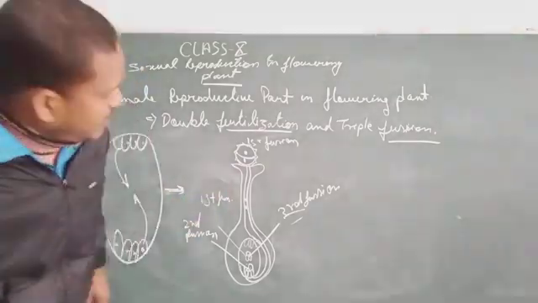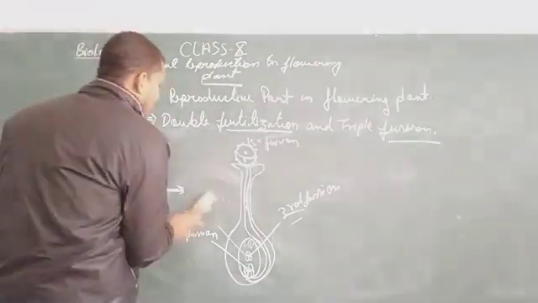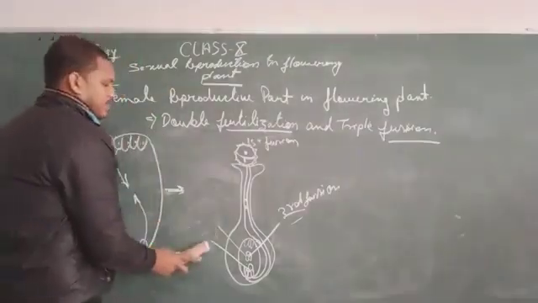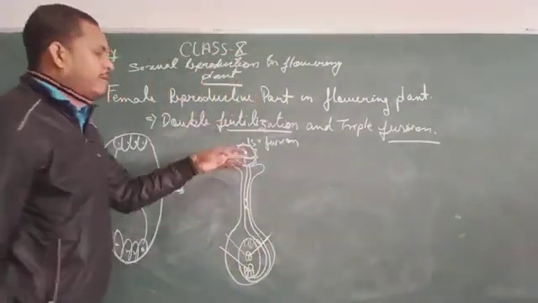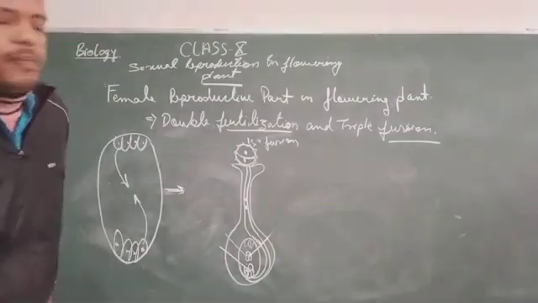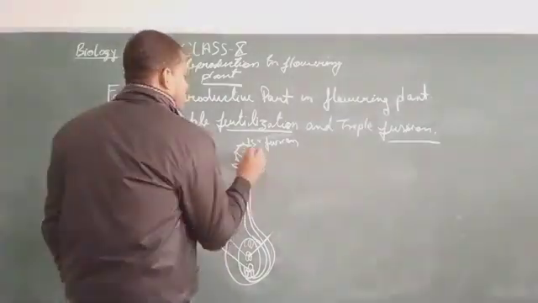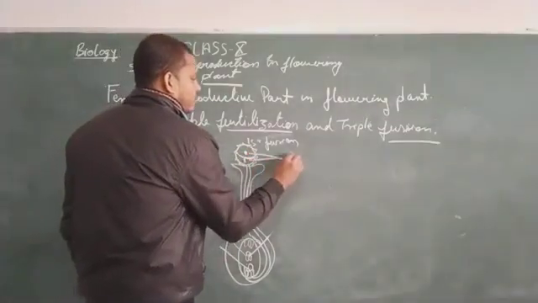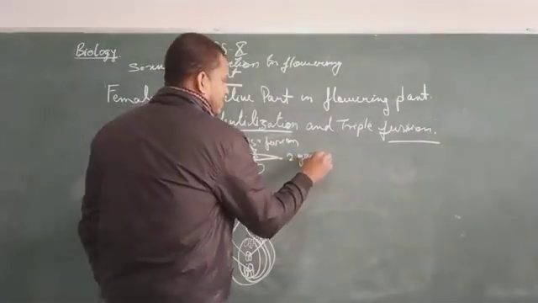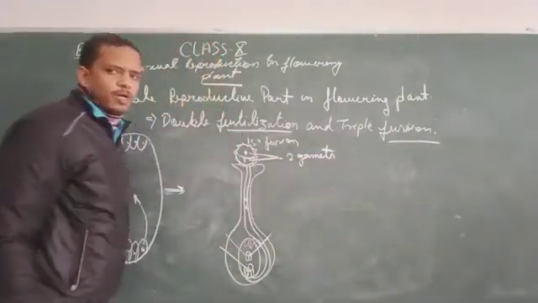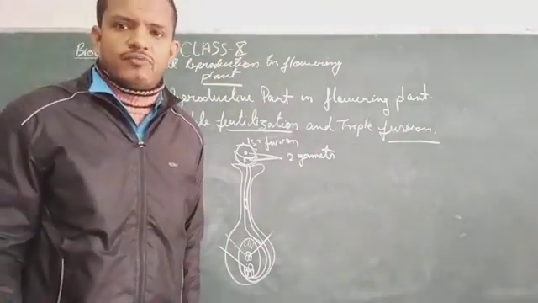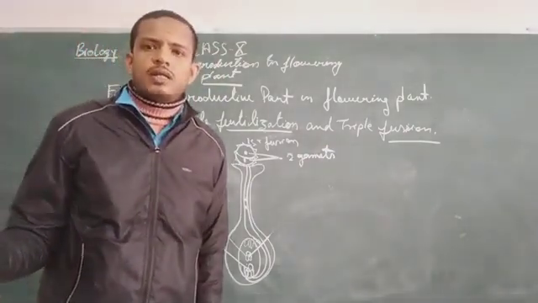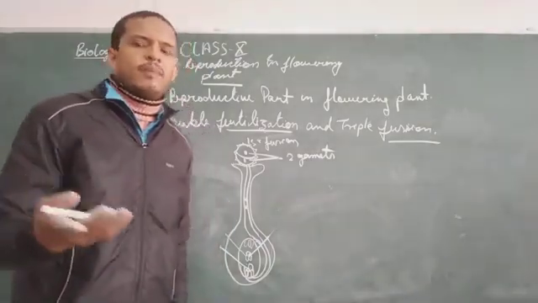What is double fertilization now? It is a simple concept. How many gametes are there in the male pollen grain? There are 2 gametes, correct? If two gametes fuse with two different types of cells, it is fertilization, so it is double fertilization.